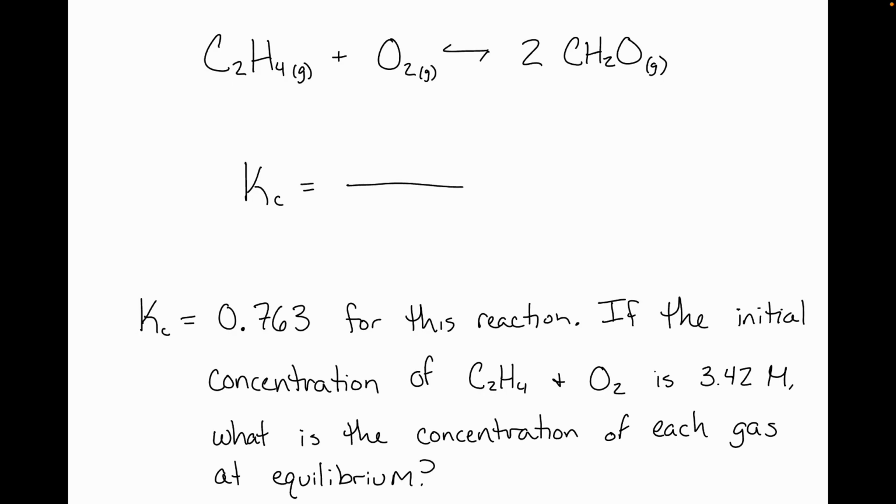Okay, so I'm going to build my expression Kc. C is concentration. Again, products over reactants. So the concentration of CH2O squared divided by the concentration of C2H4 and O2.